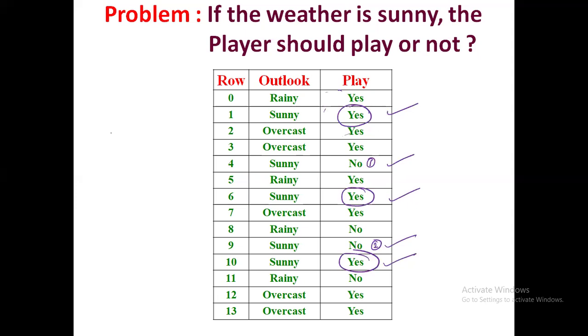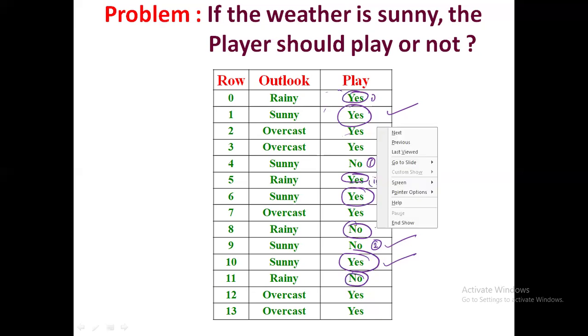The second case is rainy. If you are considering rainy, here is one case: 1, 2, 3, 4. How many yes values are there? 1, 2. How many no's are there in the rainy? 1, here 2.